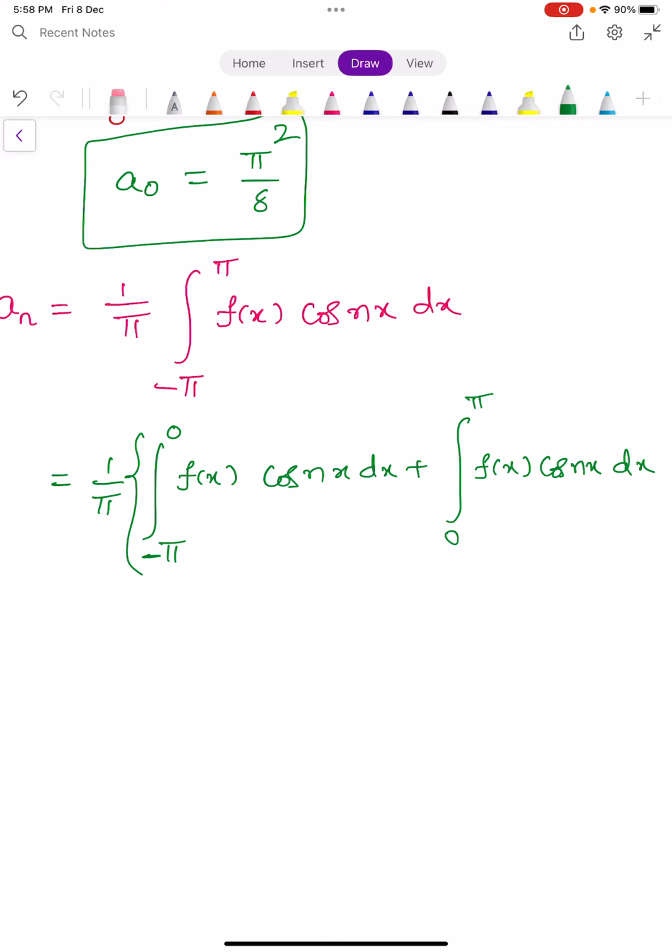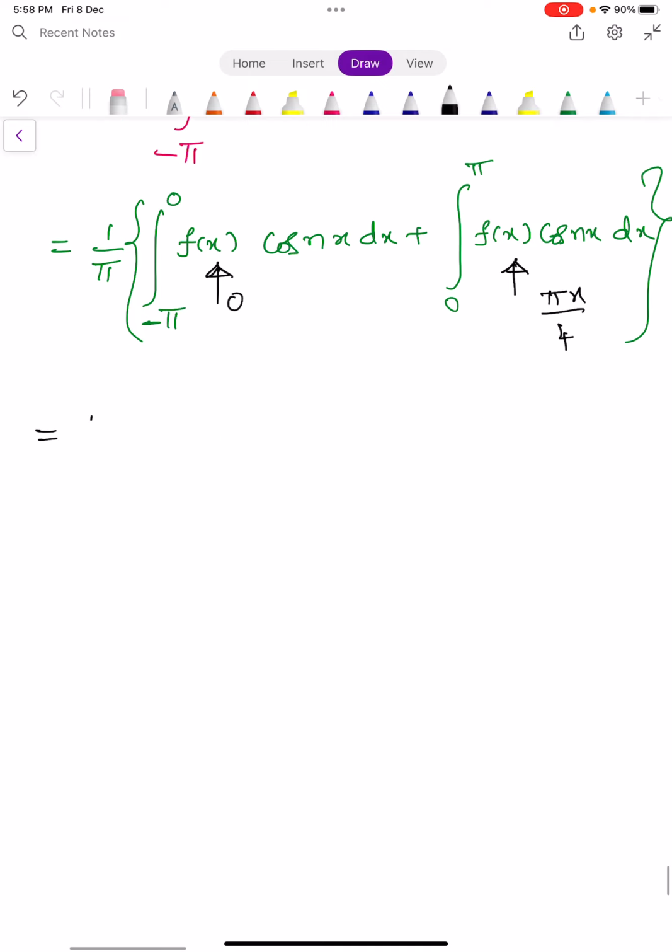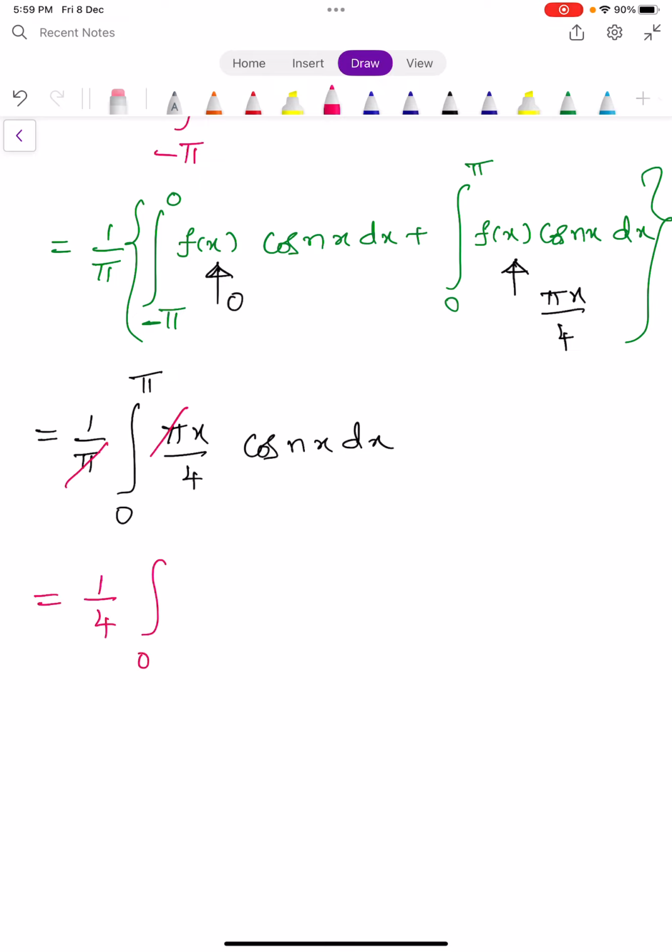Again, by the definition of the function, here the function is 0, here the function is pi x by 4. So by substituting that, we simply get 1 by pi integral 0 to pi of pi x by 4 cos nx dx, which is clearly equivalent to, again pi gets cancelled, 1 by 4 integral 0 to pi x cos nx dx.